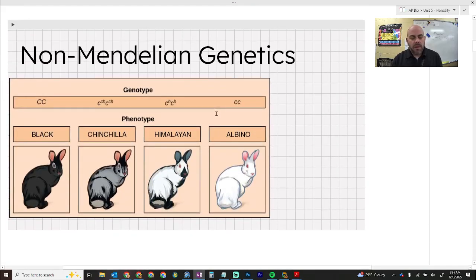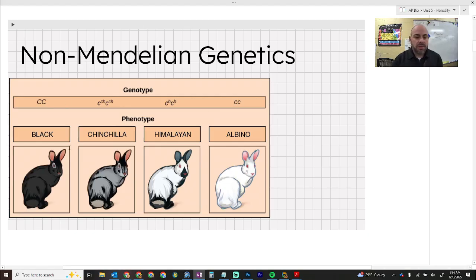Here's an example of non-Mendelian genetics. You have a trait, which is color of rabbit fur. And it's not just a simple dominant recessive, black and white, right? You have some intermediates. And so instead of just dominant recessive, you have most dominant, most recessive, you have second place, and you have third place, which is chinchilla.